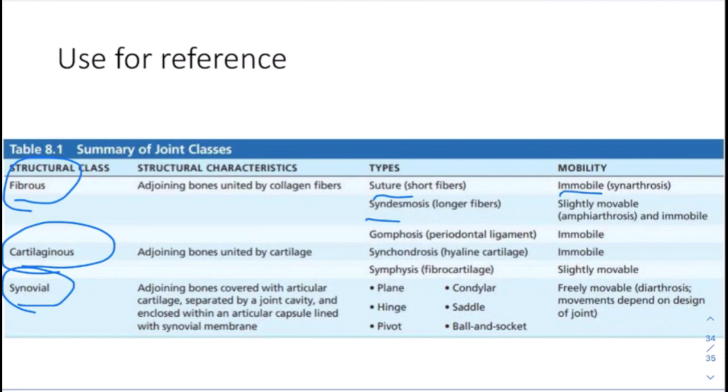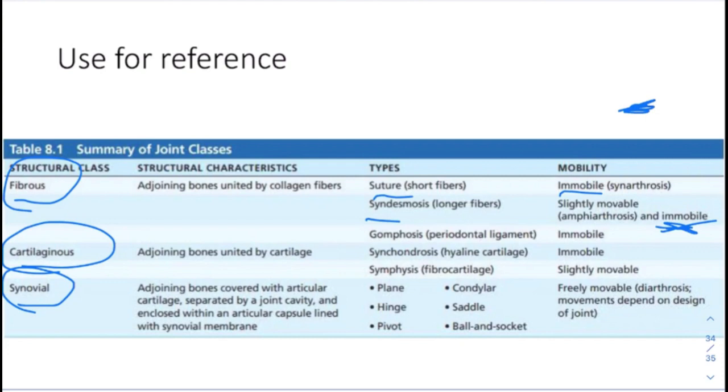We have syndesmosis, which are bones connected by ligaments. They can be slightly movable or immovable. Slightly movable would be like the interosseous membrane connecting the radius and ulna, and immovable would be the distal tibiofibular joint. If you remember that short ligament that attaches the tibia and the fibula.